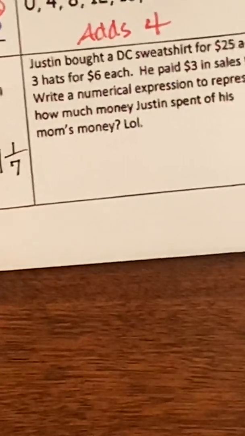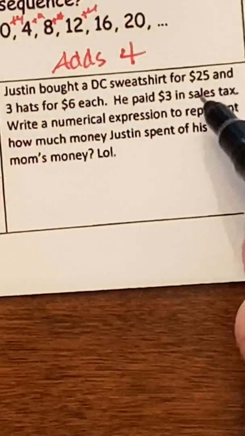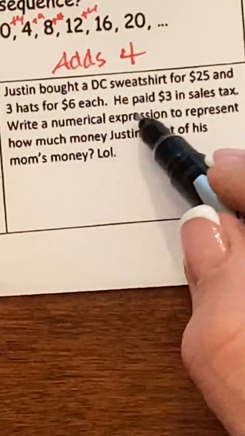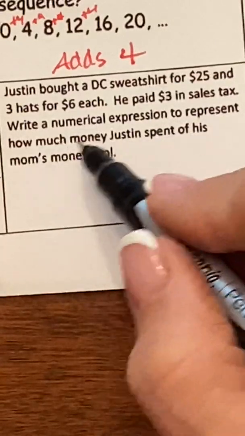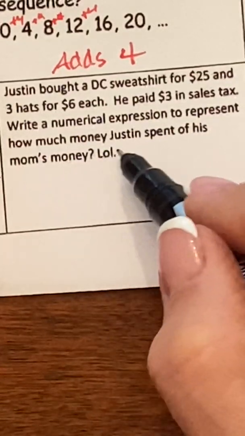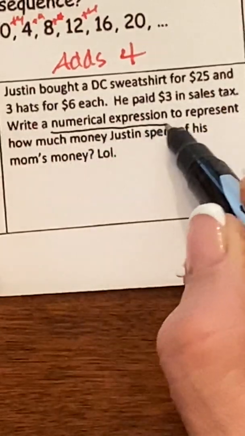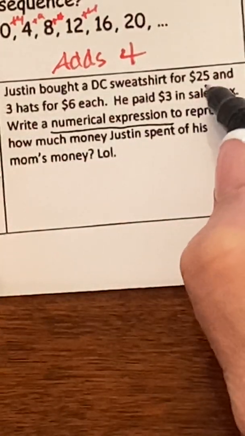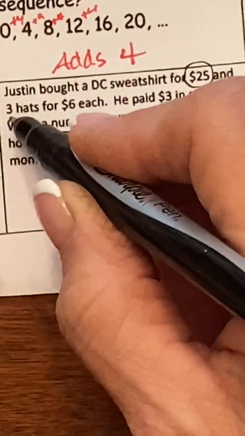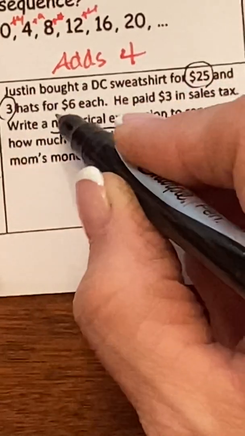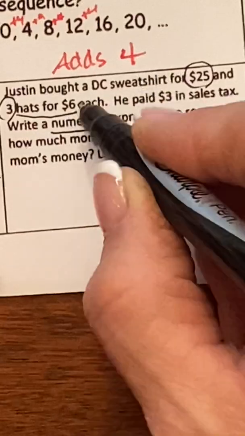Justin bought a DC sweatshirt for this much and 3 hats for $3 each. He paid $3 in sales tax. Write a numerical expression to represent how much money Justin spent of his mom's money. So we're going to write a numerical expression, a sweatshirt and 3 hats, and each of those are how much?